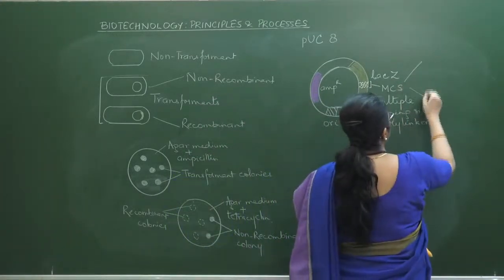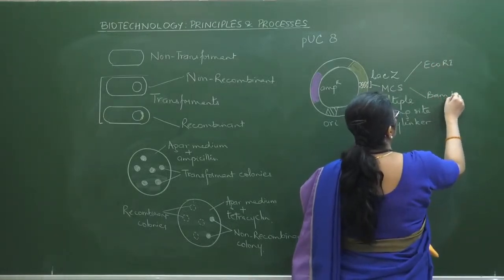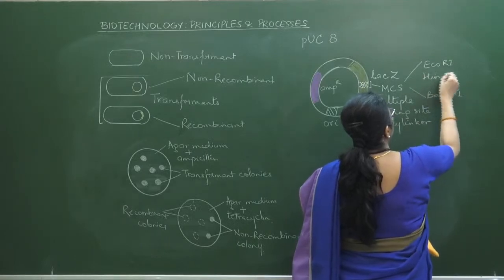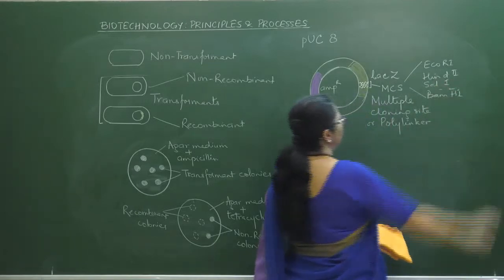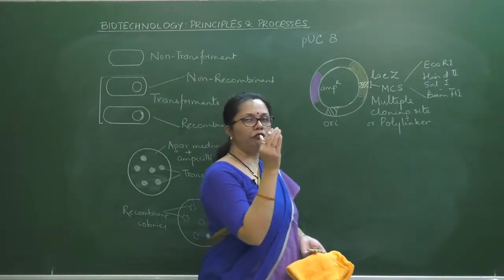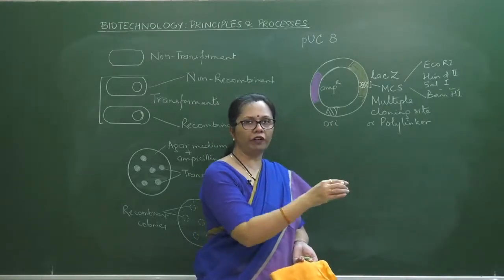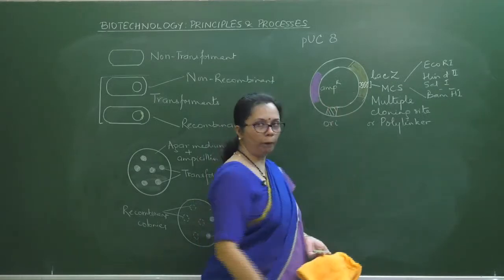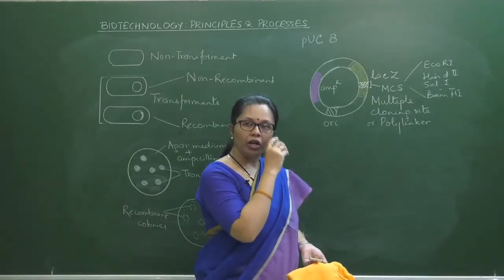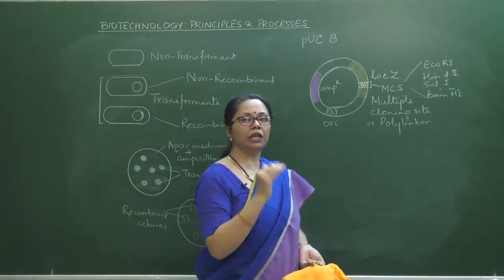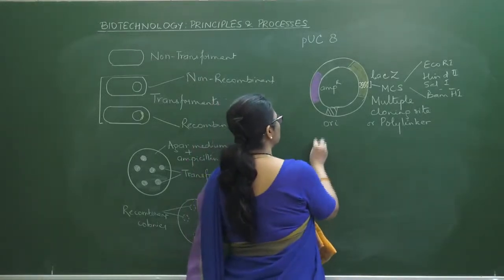For example, within this there is EcoRI, BamHI, HindIII, SalI, and so on. So we have a choice of which restriction site we want to use, but we will always be putting our gene of interest at the MCS only. And if it is properly ligated at the MCS, that means the lacZ gene gets insertionally inactivated.